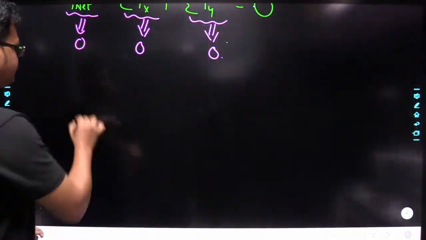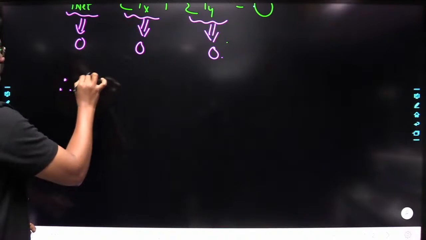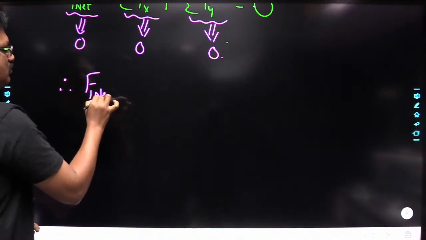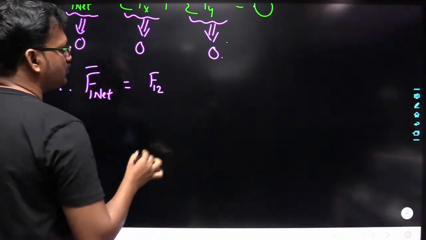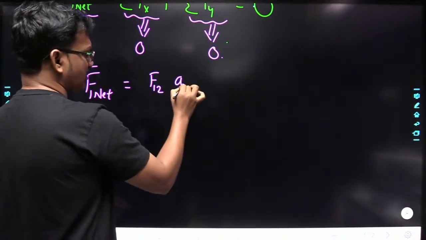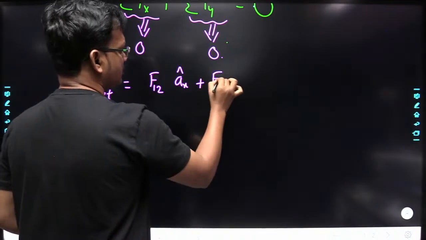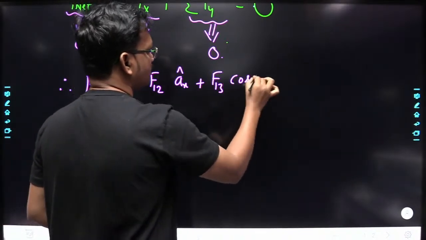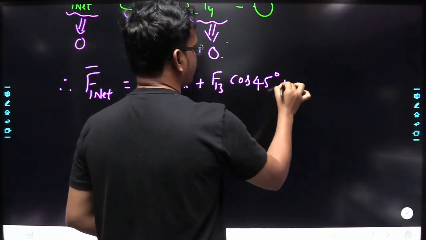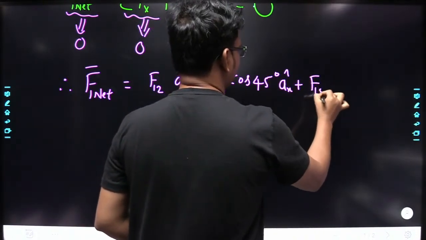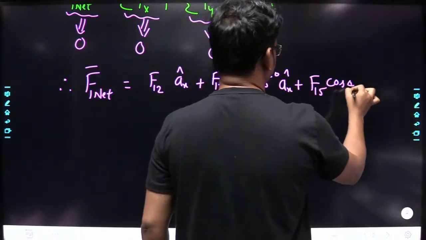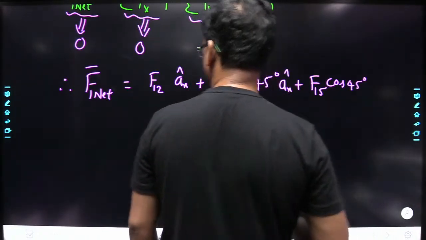So therefore the net force on 1 is equal to F12 ax cap plus F13 cos 45 ax cap plus F15 cos 45. Yes or no here?